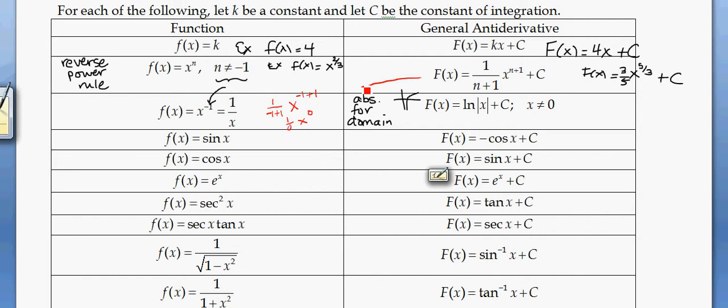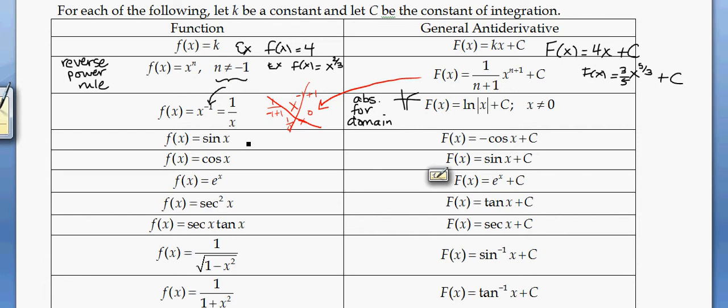If I try to apply that rule when n is -1, I get a meaningless expression: 1 over 0 is like infinity, times x to the 0 is 1. So this is our red flag, your hint, your reminder that you're actually dealing with natural log instead.